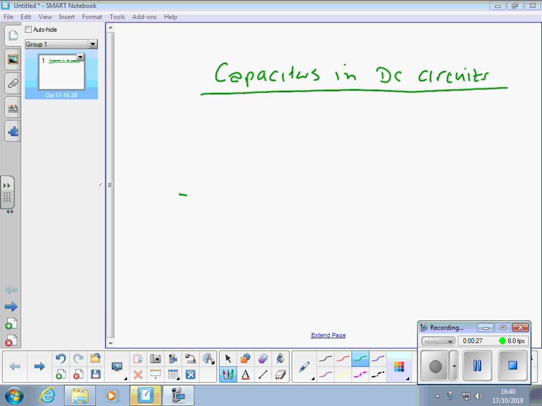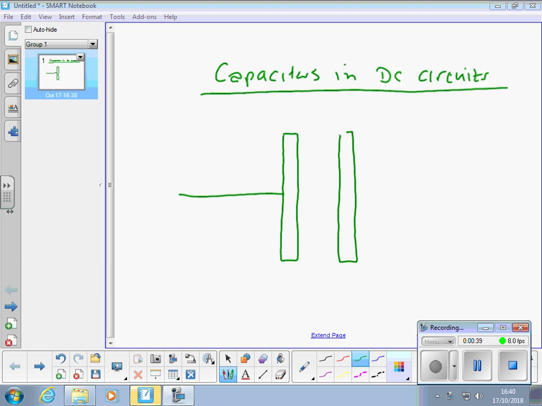A capacitor is two conducting plates with connection leads.